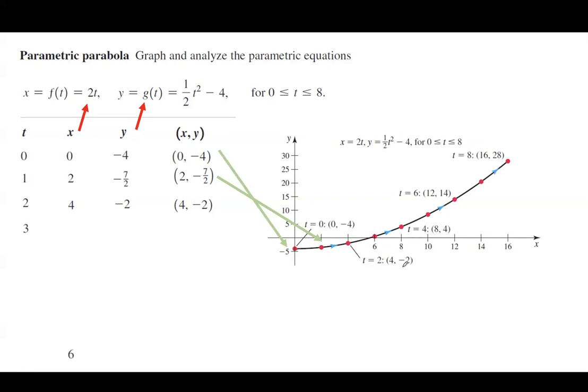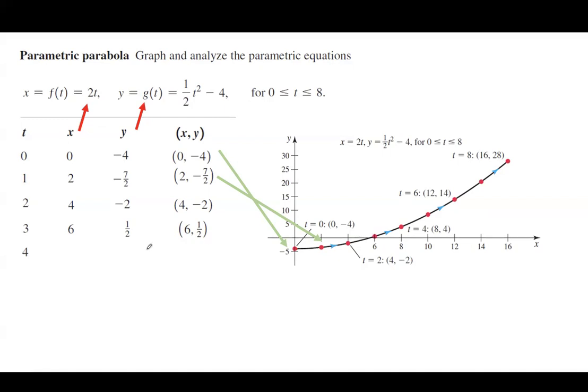When t is equal to 3, x becomes 6, and y is a half. This is simple algebra. You plug in 3 here, 9 over 2, minus 4, which is a half. So you have the fourth point, 6 and a half, on the graph of your curve.